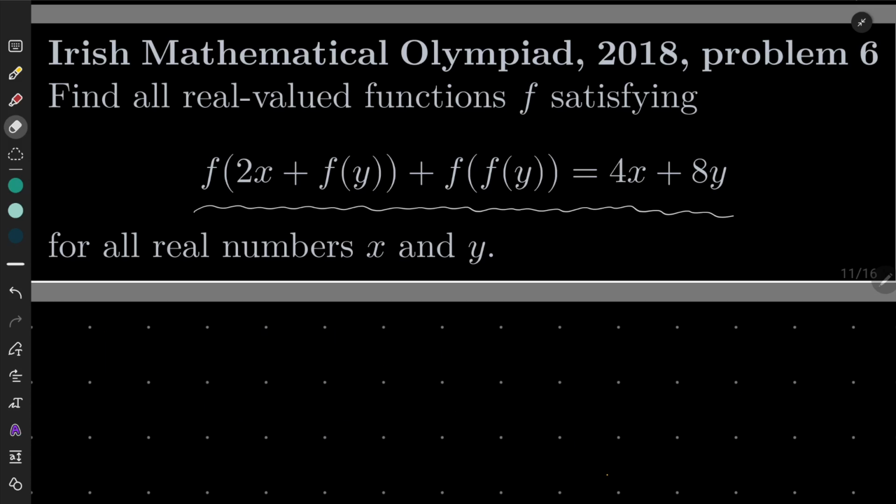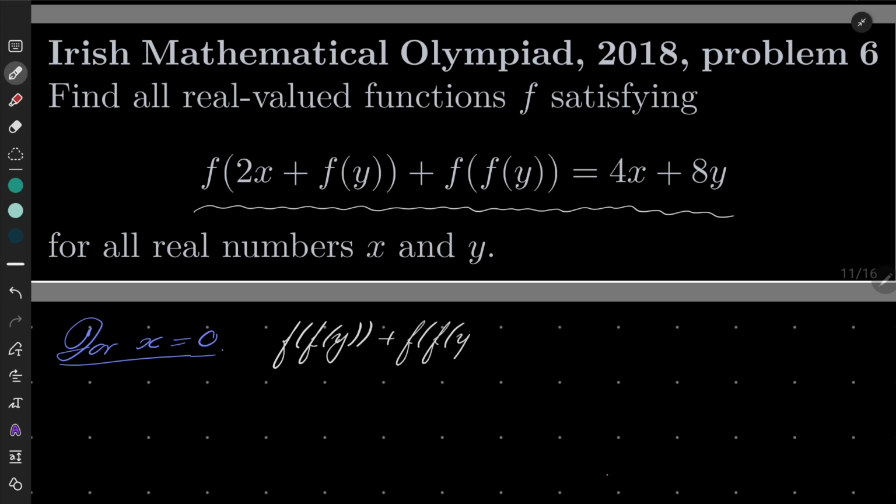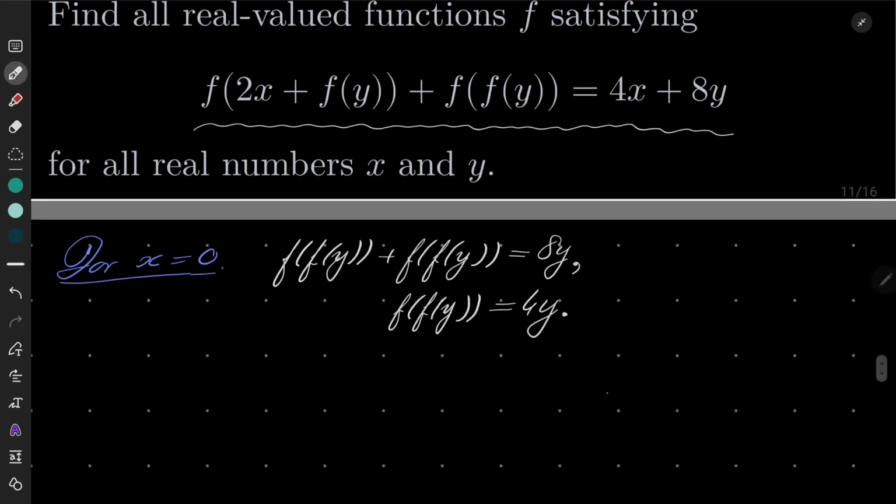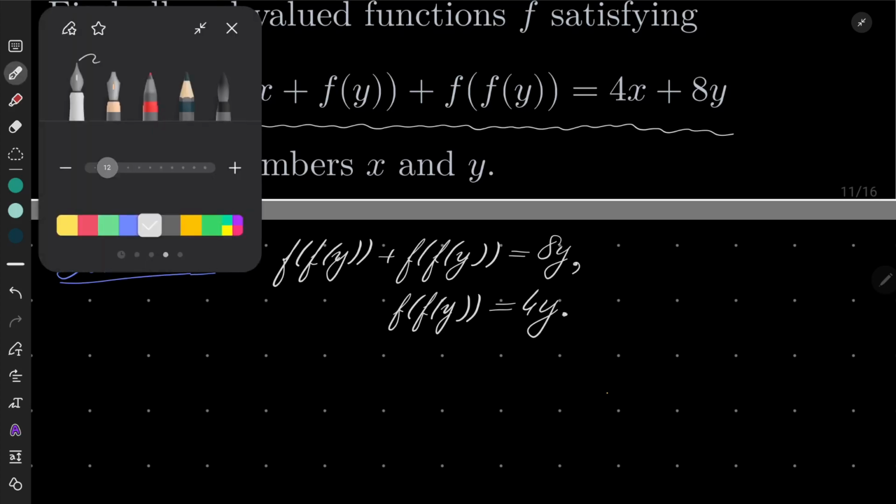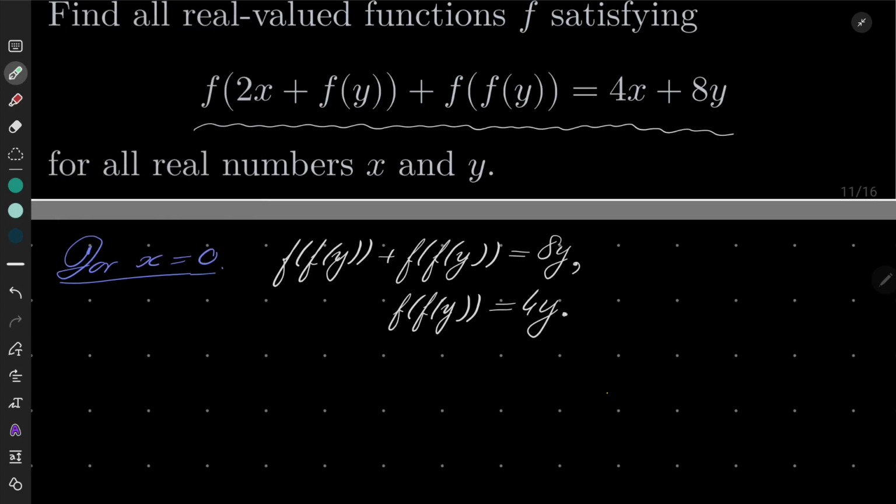Okay, so I hope that you tried your best. Let's first set x equals 0. What do we get? We get the following: f of y plus f of y equals 8y. So f of y equals 4y. Now the right-hand side is a bijection, but we only need surjectivity.